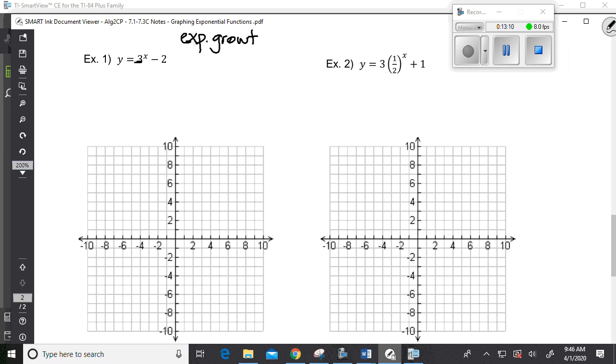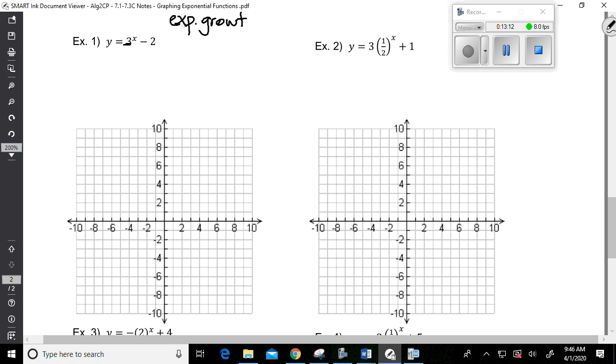As far as opening up or down, a in this case would equal 1, so this is a graph that's going to open up. The k value is negative 2, so your horizontal asymptote is y equals negative 2.